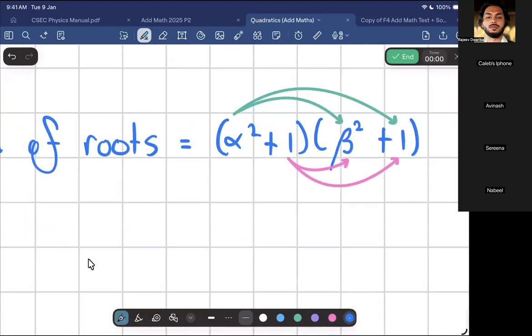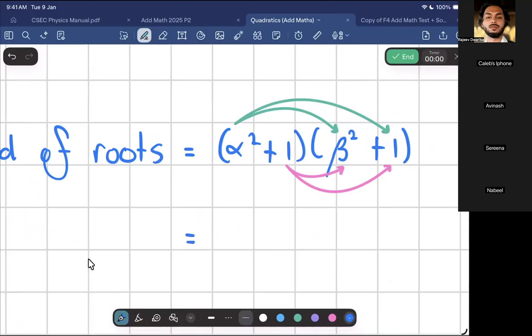Right. So alpha squared beta squared is just alpha squared beta squared. Then alpha squared by 1 is plus alpha squared. And then 1 by beta squared is plus beta squared.